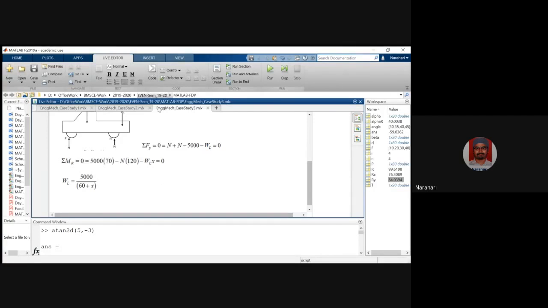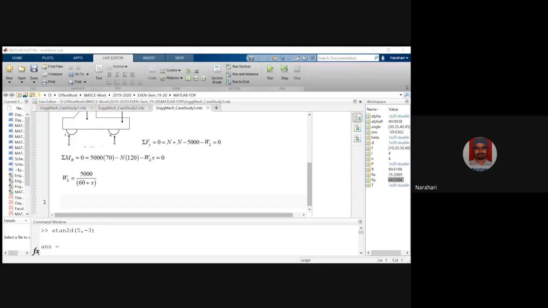So let me just go to the code. Again, I'll copy paste the code here to save some time. I'll also copy paste this code on the chat window. I have given the code, you can see here, hardly 3 lines of code.